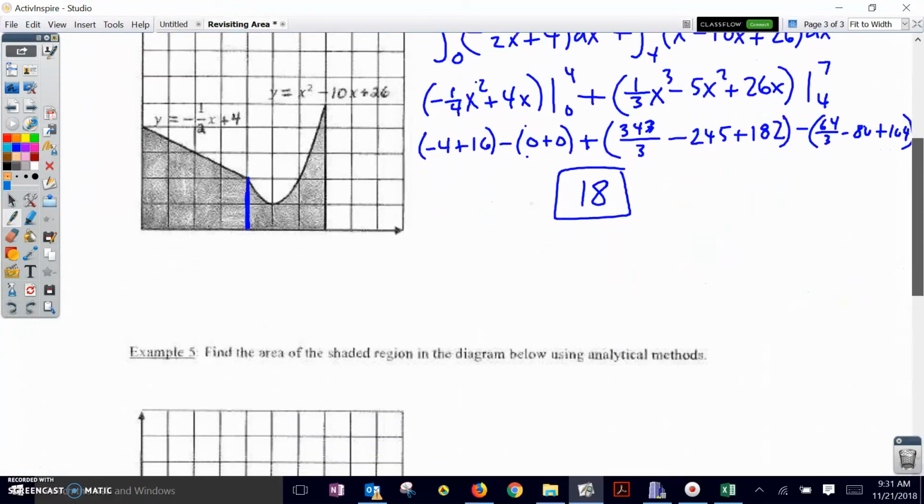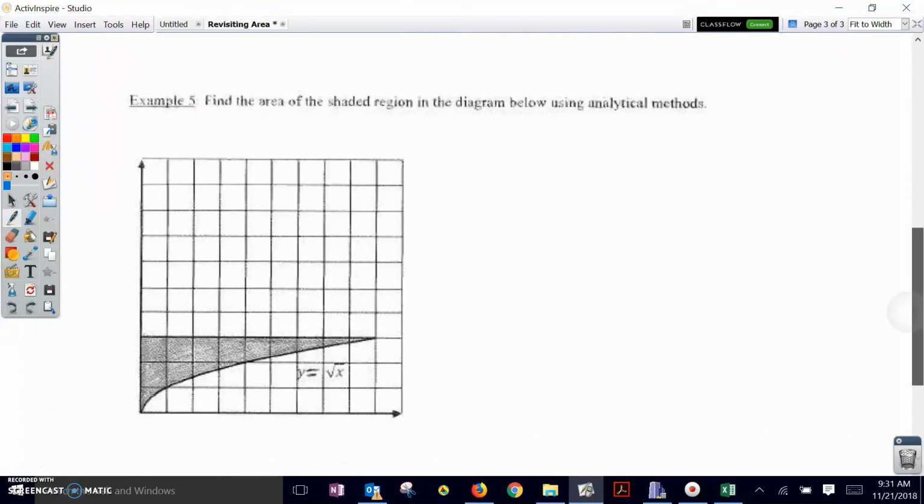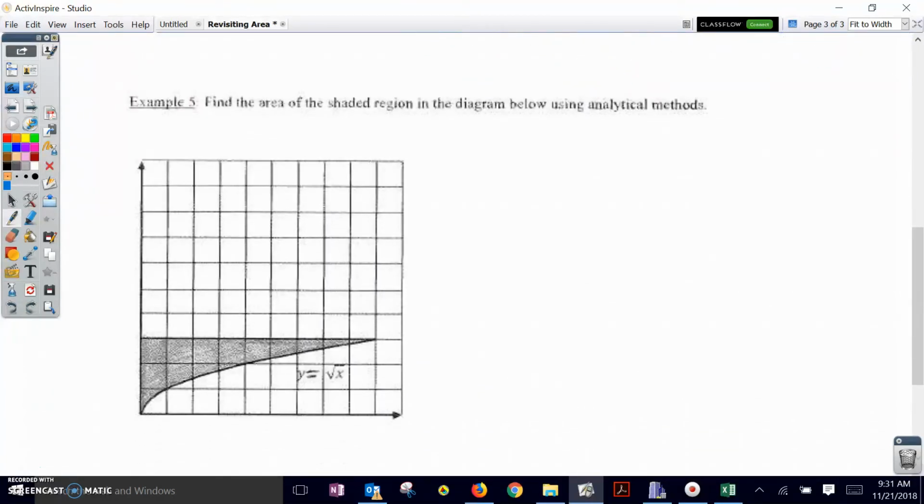Alright, example 5. Find the area of the shaded region in the diagram below using analytical methods. Well, in this one what I'm going to do, I can find the area underneath this curve by integrating the square root of x over the entire interval. Okay? And that'll give me the area that I've just shaded in blue.